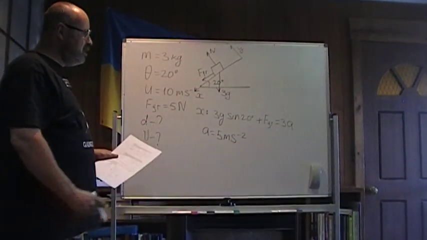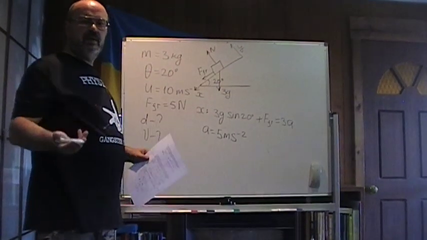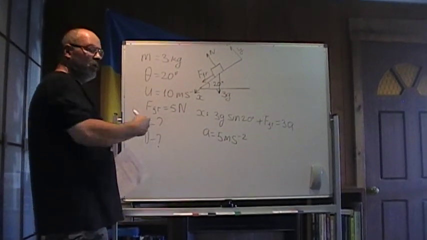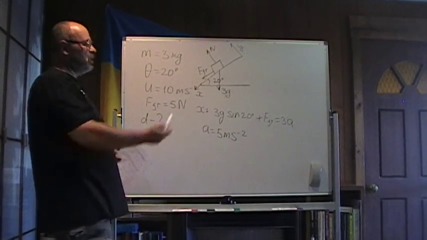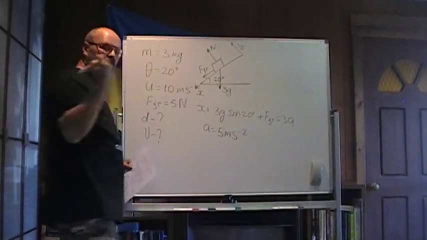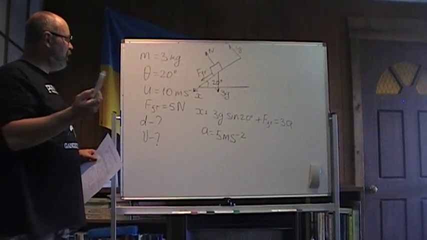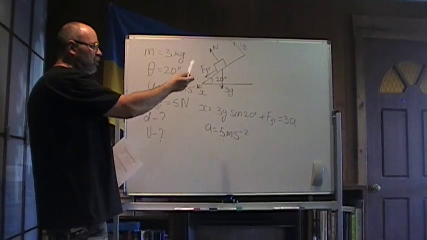To find the distance it will travel up the plane, we need to use a kinematics formula. We have initial velocity, we have final velocity. Final velocity will be 0, because at the highest point it momentarily stops. And we also have acceleration, initial velocity, final velocity, looking for the distance.